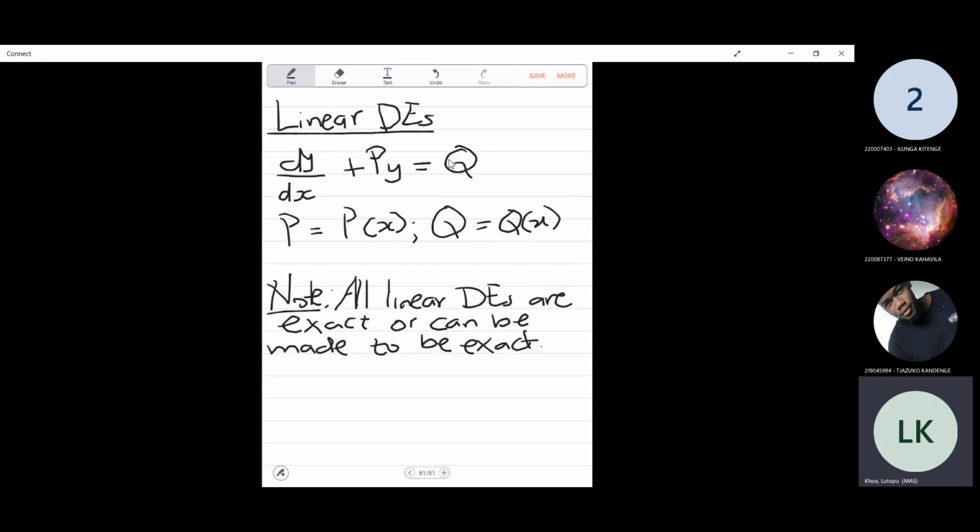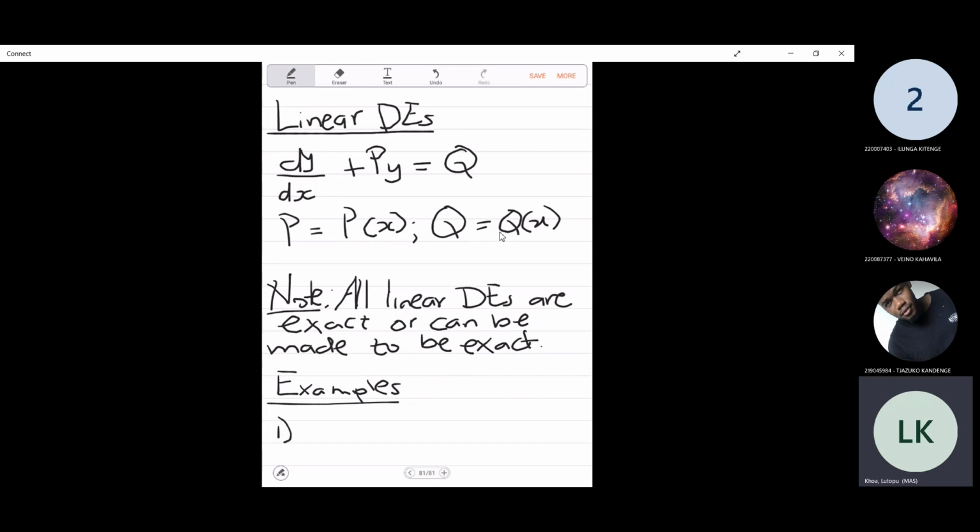If it is not, then you know how to change it so that it becomes an exact differential equation. But the way that we solve these linear differential equations is quite simple, very easy. I think one of the easiest of all the types that we have. So we look at examples of how we work these out.